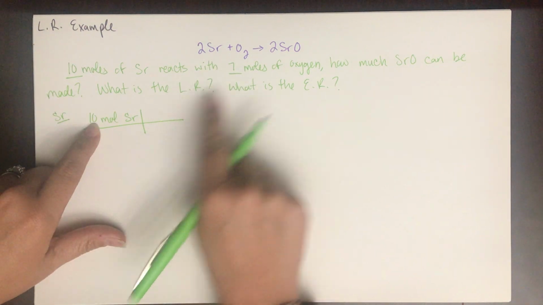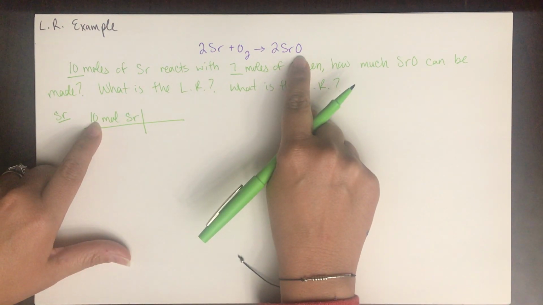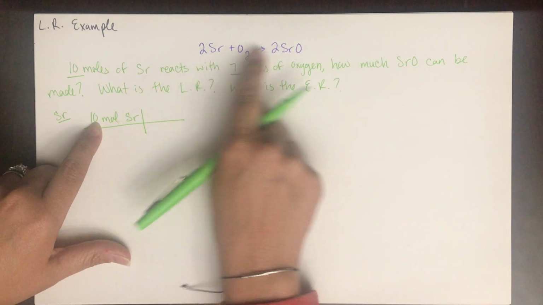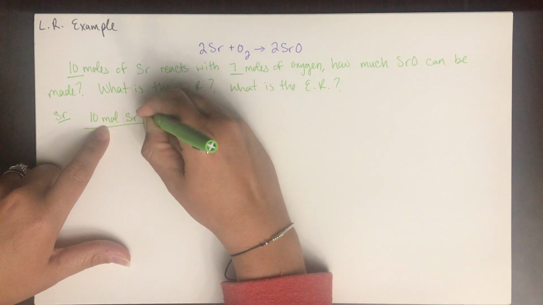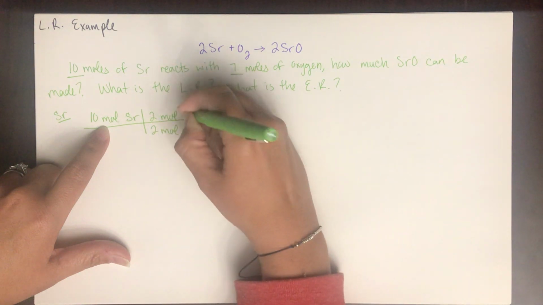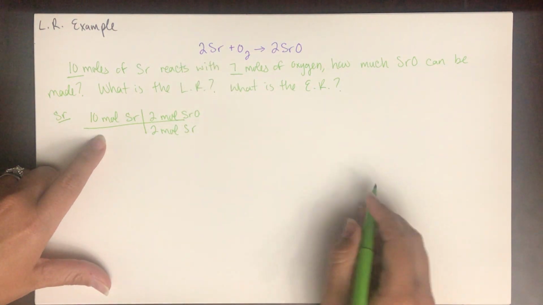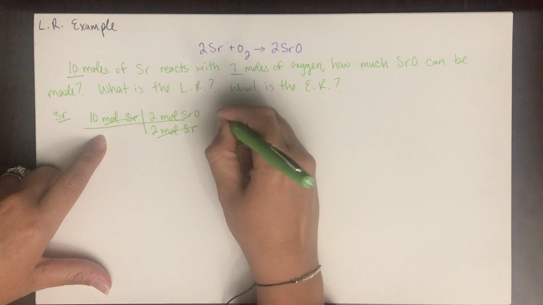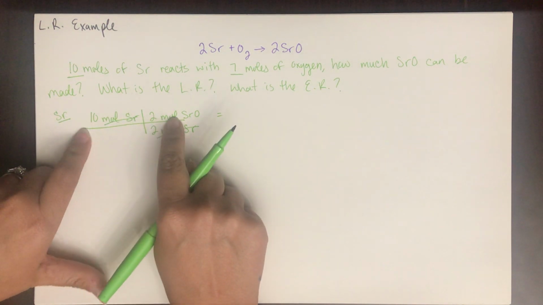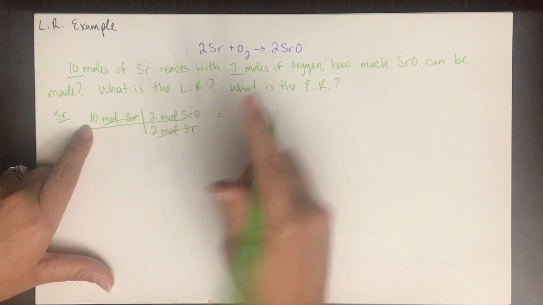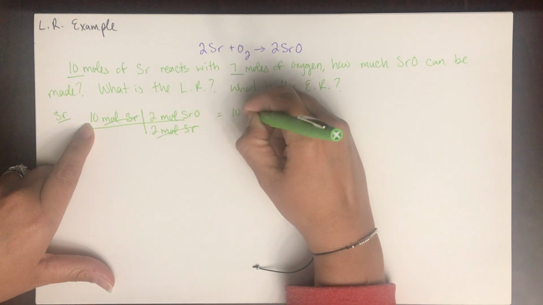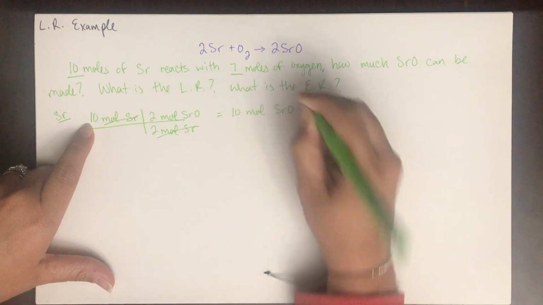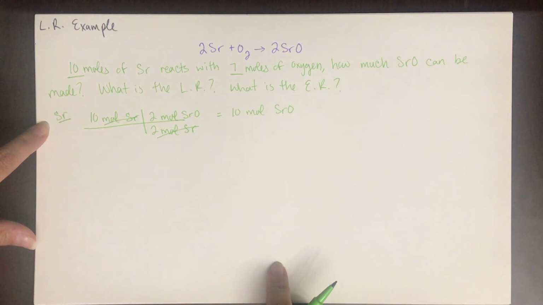So I'm going to have 10 moles of strontium. The mole to mole ratio of strontium to strontium oxide is 2 to 2. 2 moles of strontium would produce 2 moles of strontium oxide. So moles of strontium are going to cancel. 10 times 2 is 20, divided by 2 is 10. 10 moles of strontium can produce 10 moles of strontium oxide. So that's the strontium.